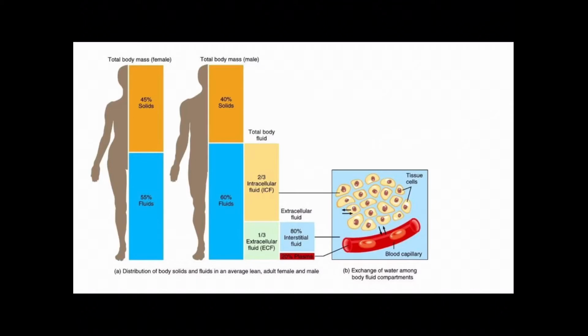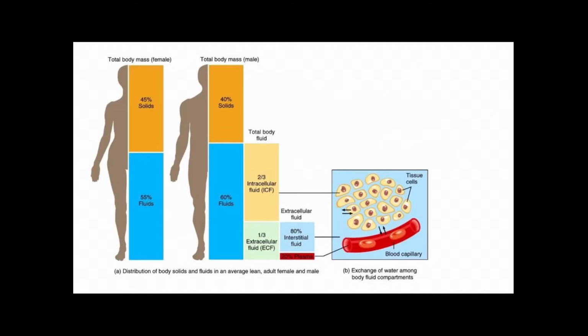Intracellular fluid, also abbreviated ICF: intra means inside, so intracellular means the fluid inside of cells. So 2/3 of the water that makes up our body is found inside our cells. The remaining 1/3 is found outside cells. Extracellular fluid, extra means outside, and extracellular means outside of cells.